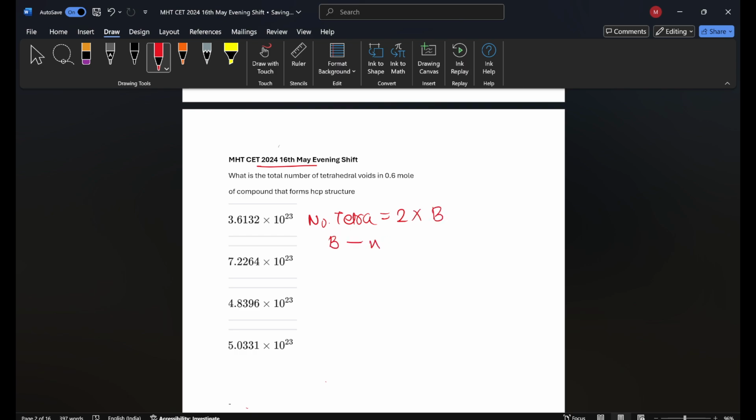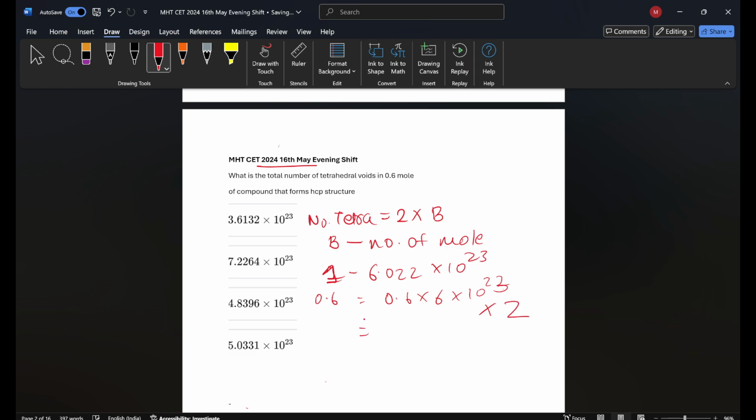B is the number of molecules. In one mole we have 6.022 into 10 raised to power 23 molecules. In 0.6 mole we would have 0.6 into 6.022 into 10 raised to power 23, and we have 2 here for tetrahedral voids.